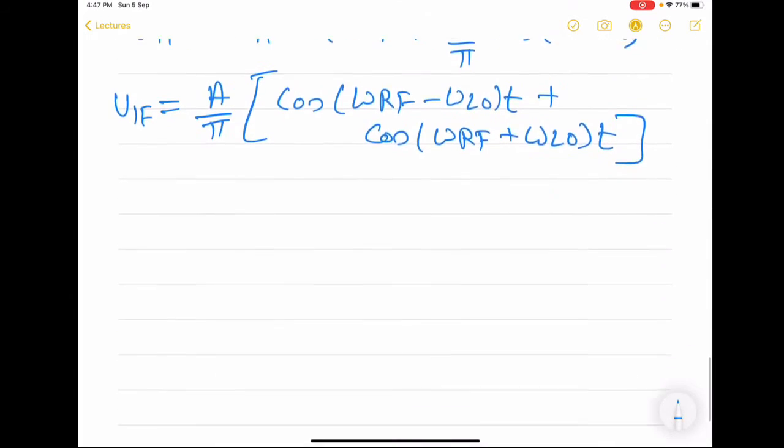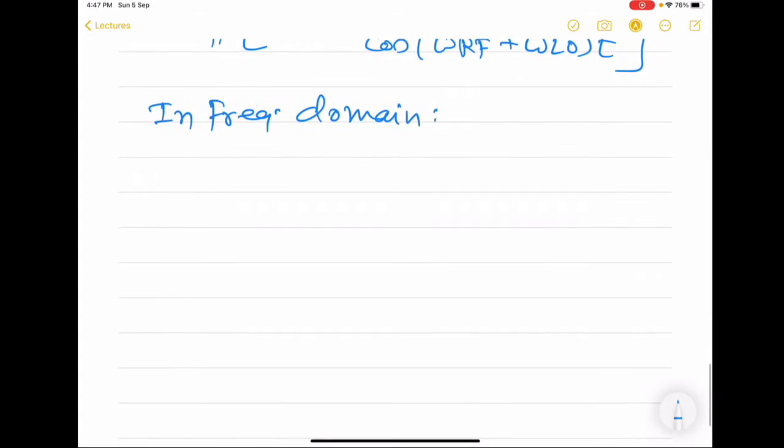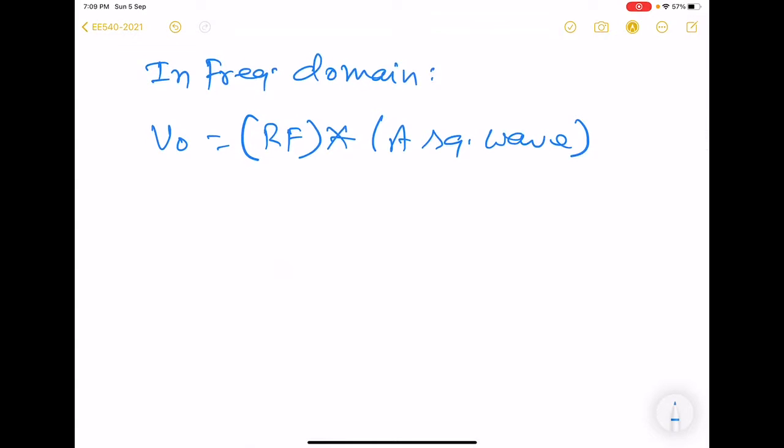So this is mathematically, and in frequency domain, we can see that this RF signal basically gets convolved with square wave. So we can see this using spectral components also.